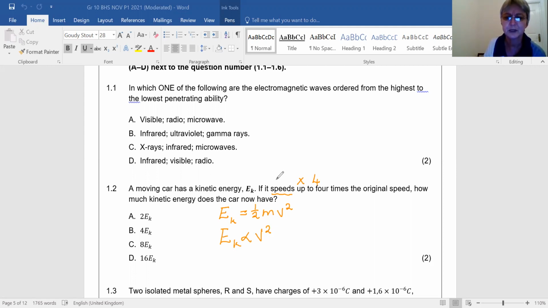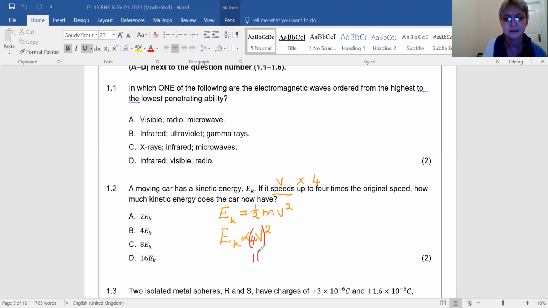Now, if the speed, which is v, speeds up 4 times, then this v is 4 times what it was, but that 4 times must be squared with the v. What happens if you square a 4?